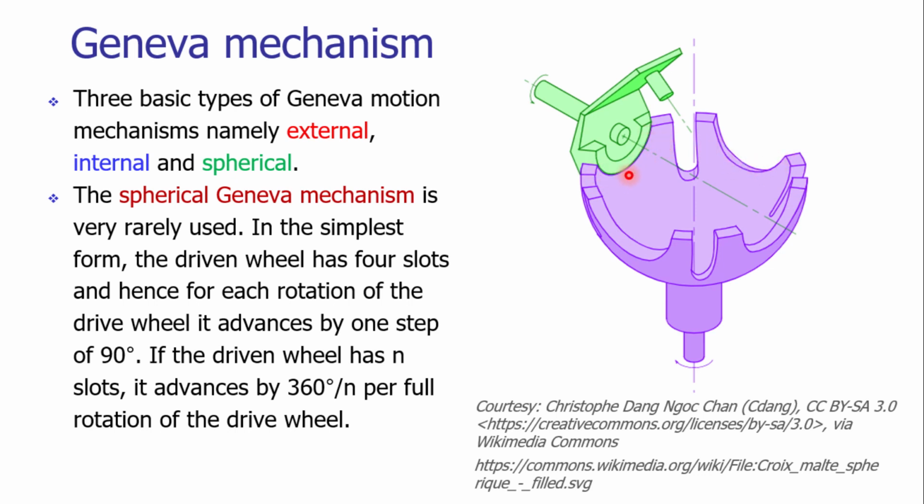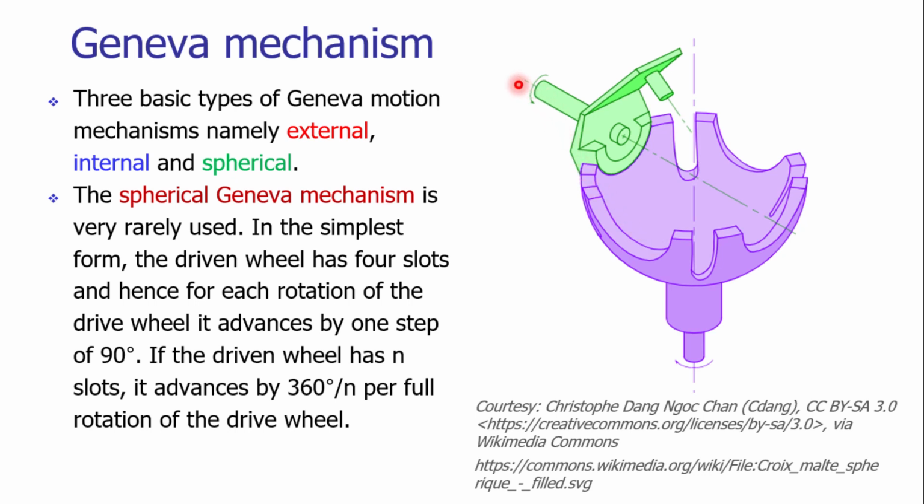These are analogous to the surfaces which we have seen in our previous slide, which are in contact with the raised portion of the driving wheel. These are the slots in which the pin of the driving wheel will get inserted, and that drives the Geneva wheel. So instead of having a wheel, we have a spherical arrangement which works as the wheel itself.